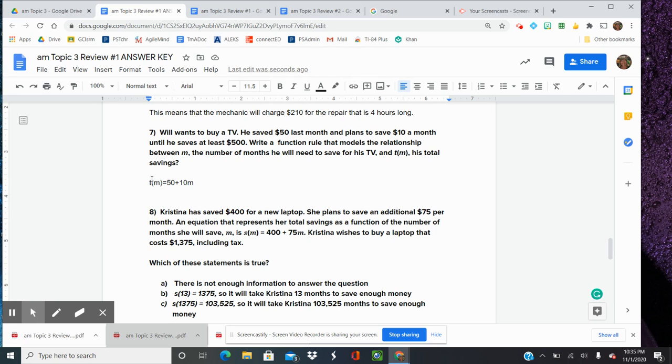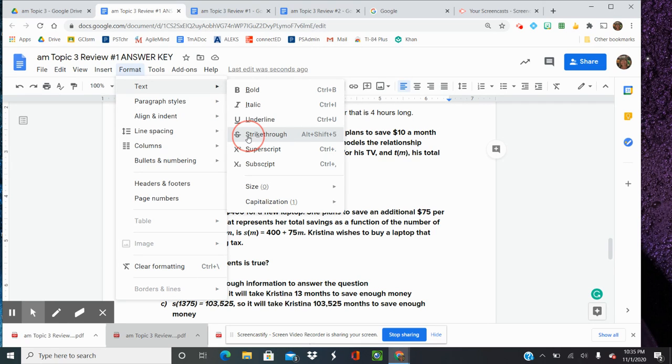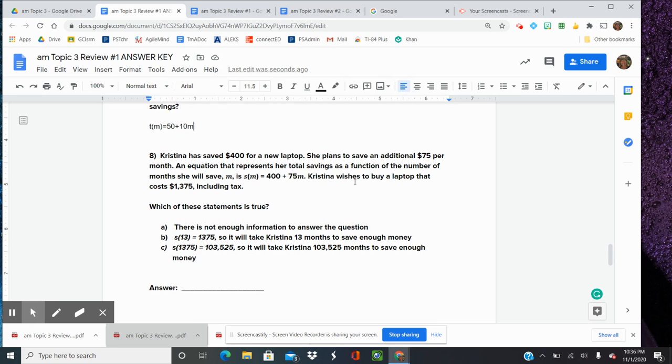You really don't need that information to answer this question. So I'm going to strike through the part about saving at least $500, because it's not necessary to solve this. All they're asking for is the function rule.